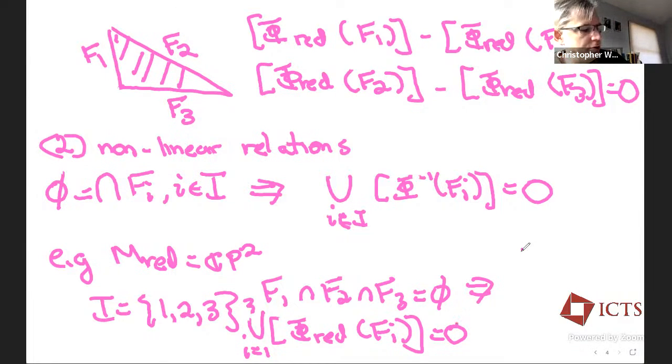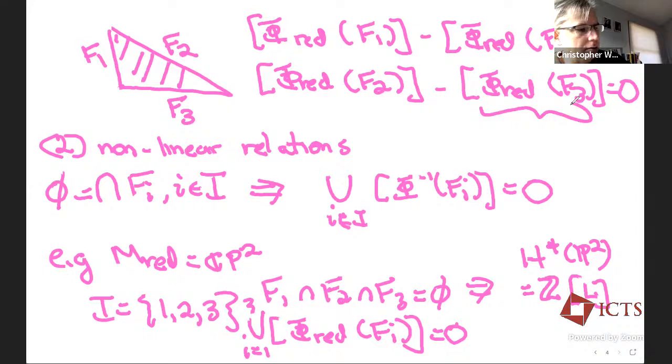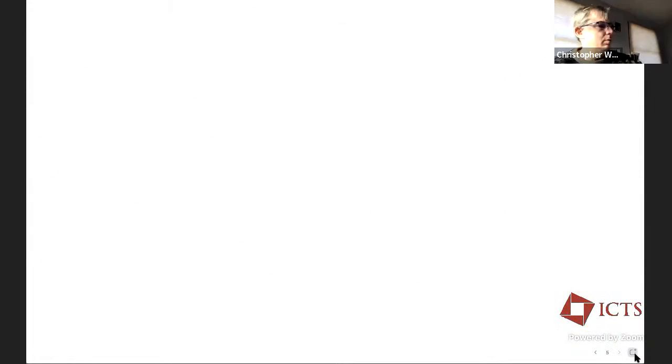Okay, so the conclusion is that if I take the cohomology of CP2, it's generated by a single class. Let's call this class L for short. And there's a single relation, which is that L cubed equals 0. Let's do another example.